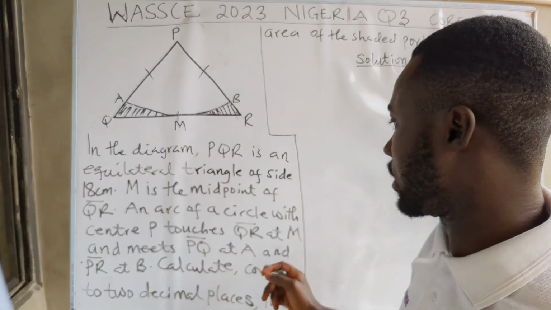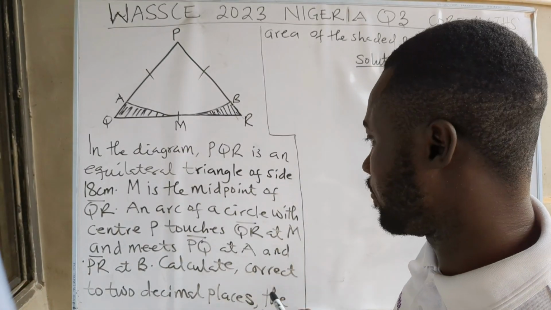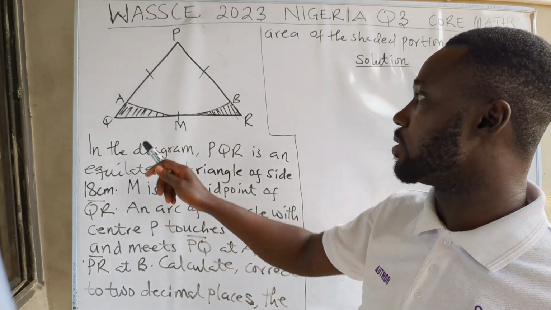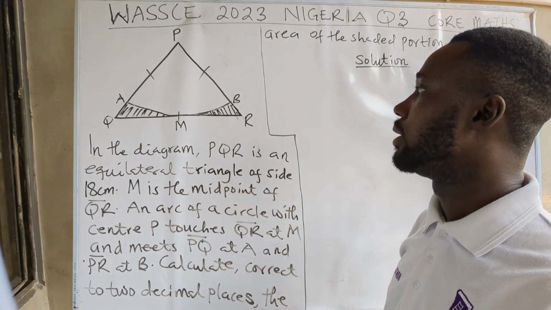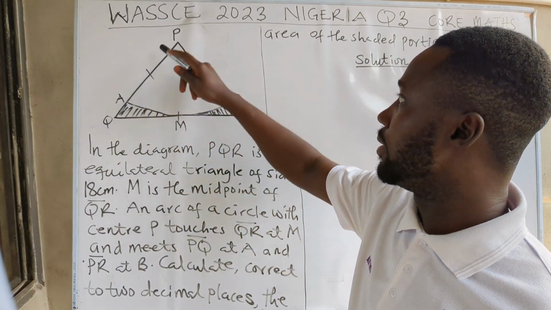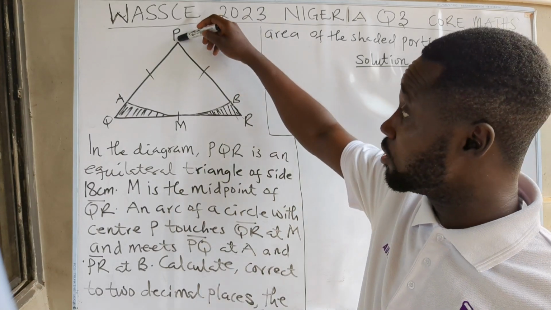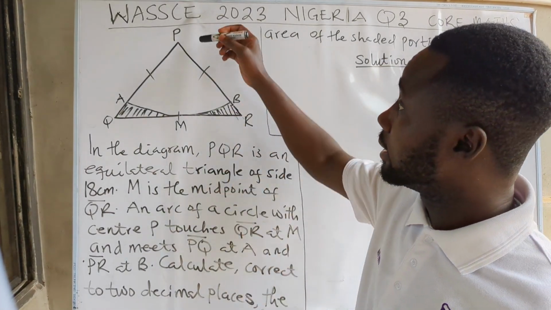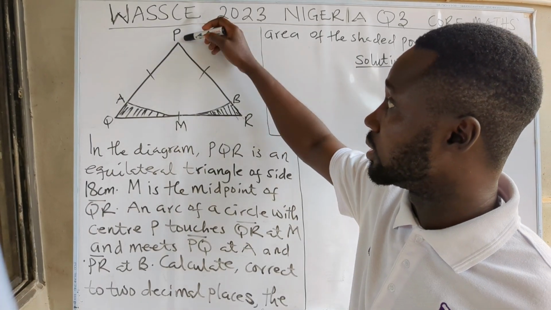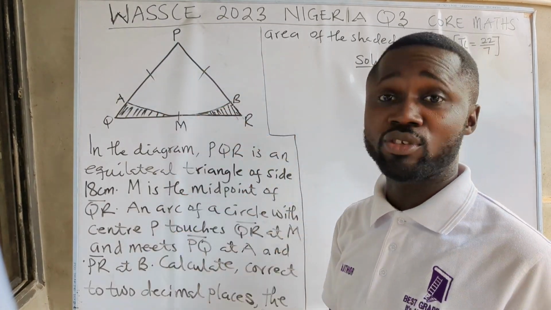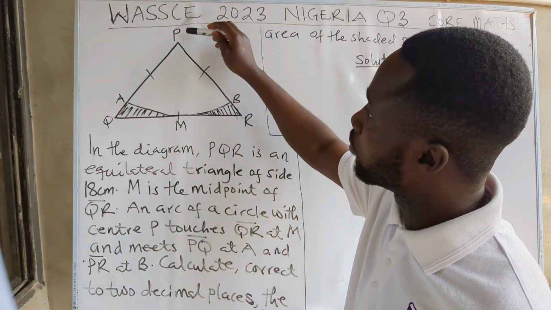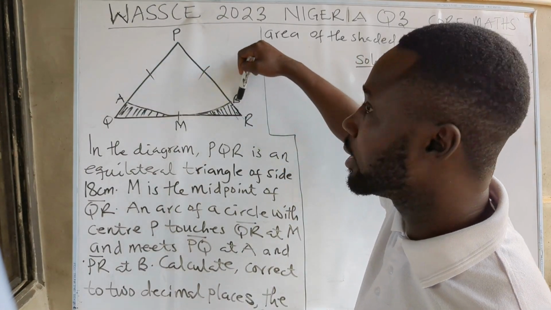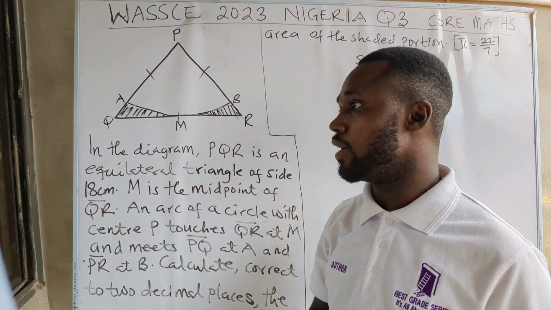So P to A is a radius, P to B is a radius. At the same time, even P to M is a radius. So we know the radius is a what? A straight line from the center to the circumference. An arc is also a portion of the circumference. So from P to any point on the arc can be a radius.